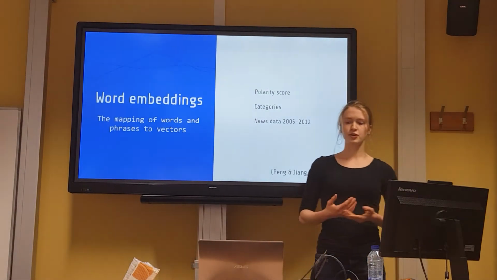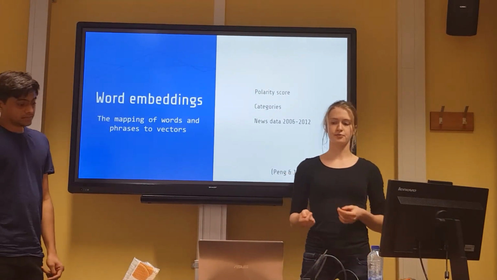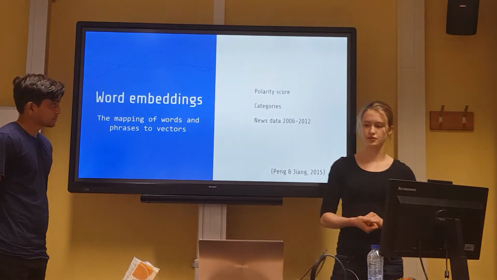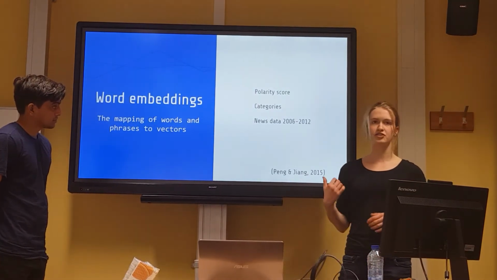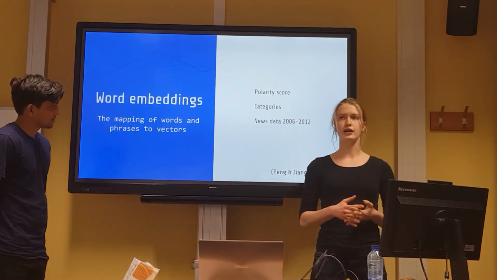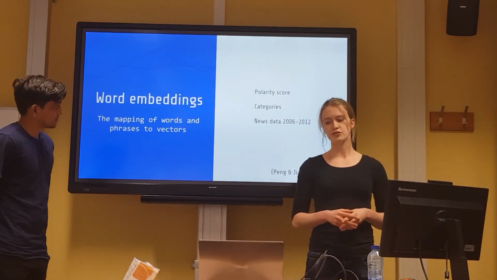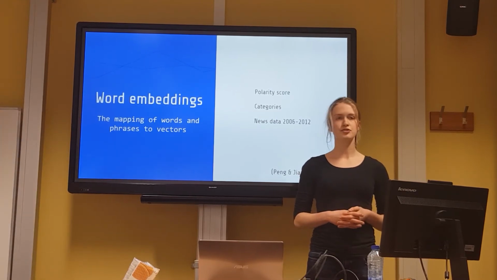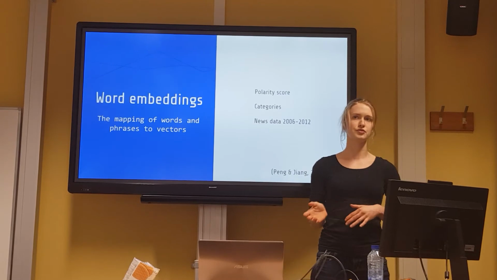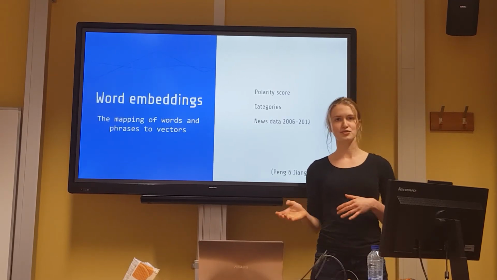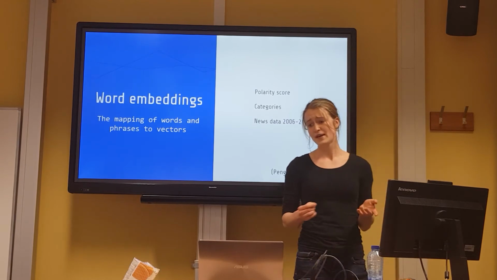The next method is word embeddings, which is the mapping of words and phrases to vectors. Two researchers, Peng and Jiang, did this in 2015. For every new word they encountered, they generated a feature vector with a polarity score, which basically means how good or bad the word is in relation to the stock it tries to predict.